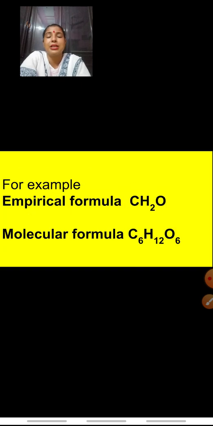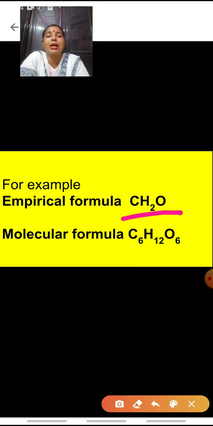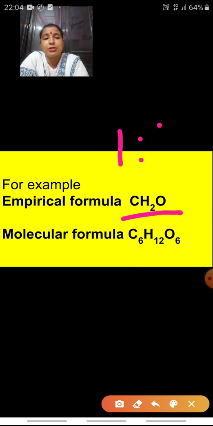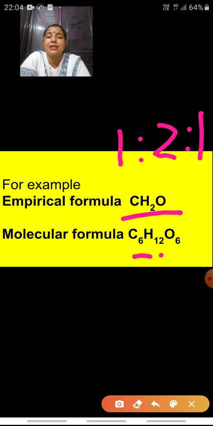Now see, for example, the empirical formula for a compound is CH2O and the molecular formula is C6H12O6. So here you all can see in empirical formula the ratio is 1:2:1, whereas in the molecular formula the same ratio is maintained, but it is telling about the exact number of different types of atoms which are present in the compound.